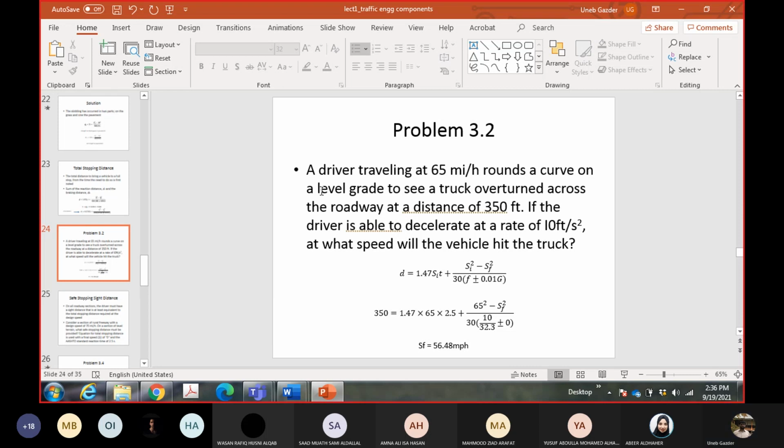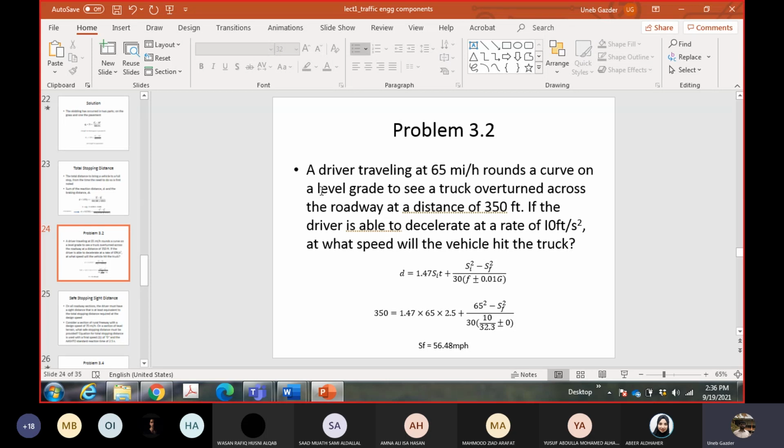He sees a truck overturned, which means it's fallen on the ground, at a distance of 350 feet. When he sees the truck, the distance between him and the truck is 350 feet. The driver is decelerating at a rate of 10 feet per second squared.